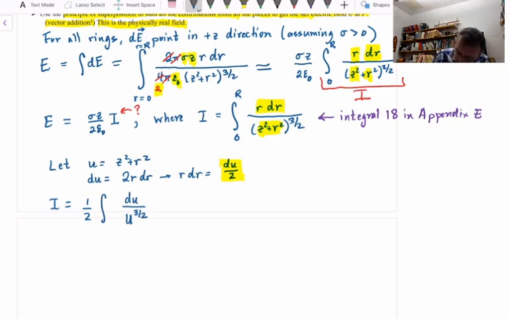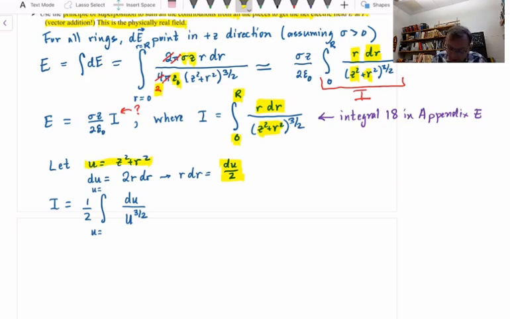Let's put the new limits on the integral. Now these are u values now, right? You figure out the u limits by taking the r limits you had in the original integral, 0 to big R, and then this formula that defines u. So to get the lower limit for u, plug in the lower limit for little r in the u formula.